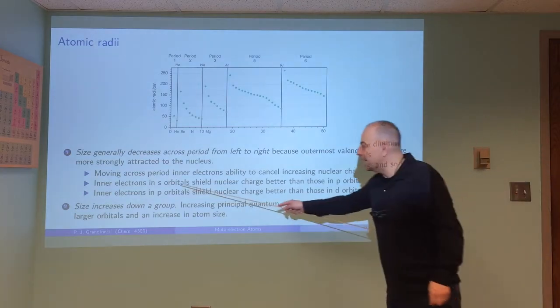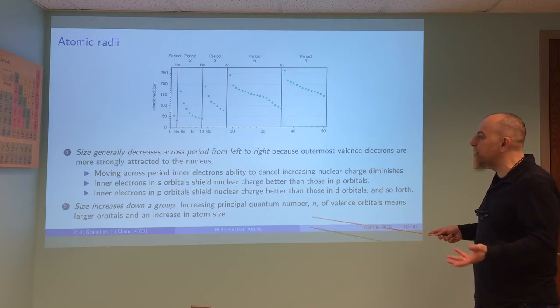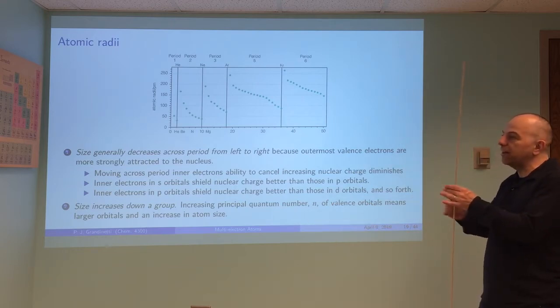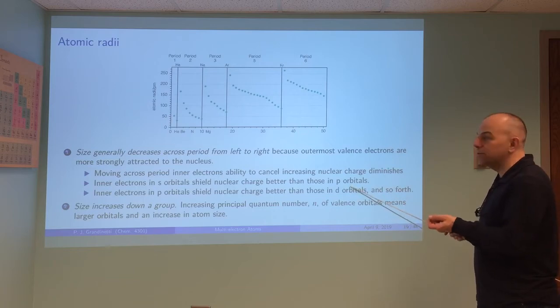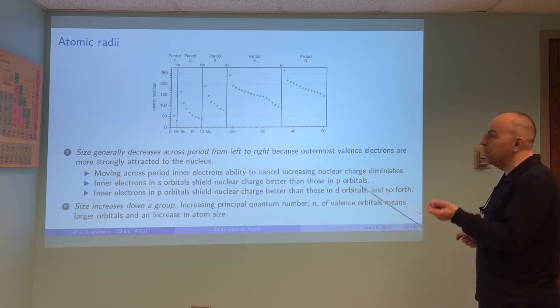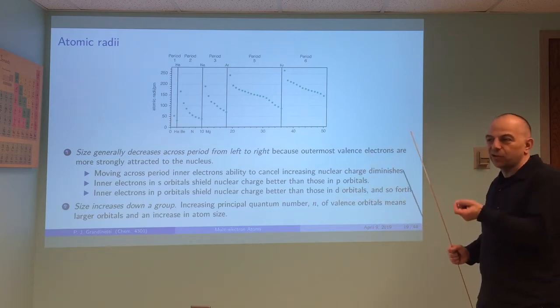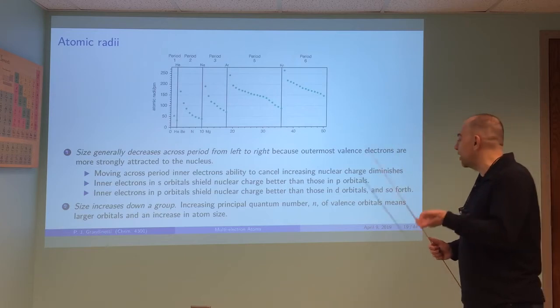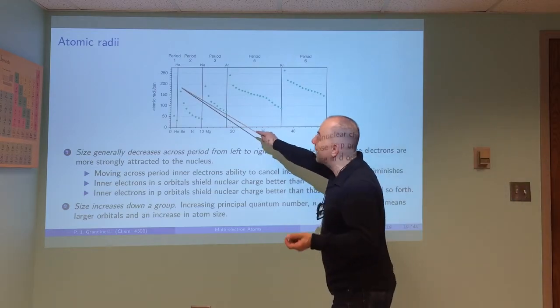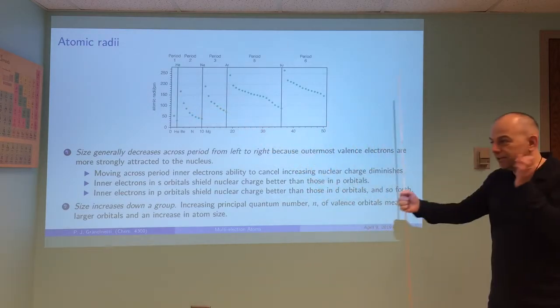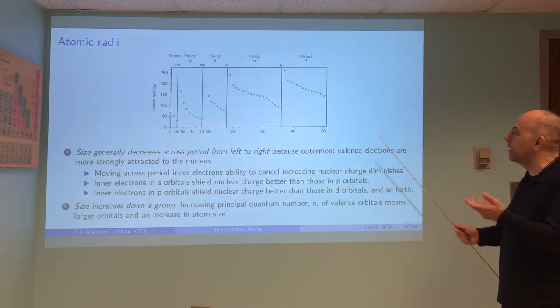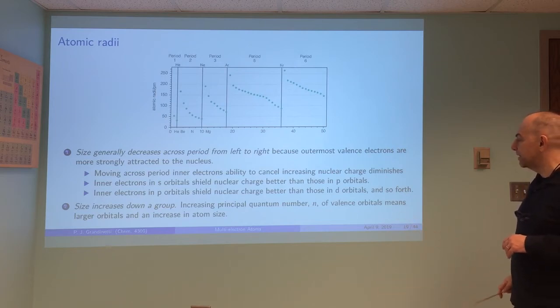If your screening electrons are s, then they do a pretty good job. But as you move further, you start getting screened by p electrons, and they don't do as good of a job. And when you start getting d orbitals doing the screening, they do an even worse job. And so as a result, the outermost electron just gets pulled more and more toward the nucleus, and that's why the radius decreases.